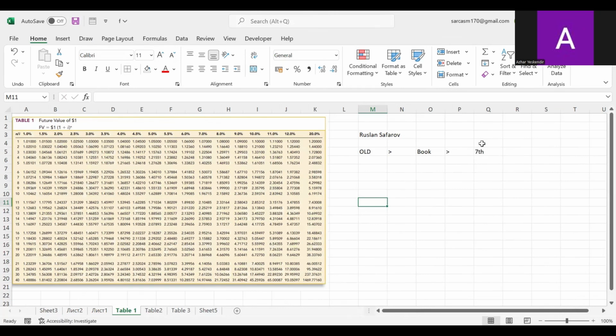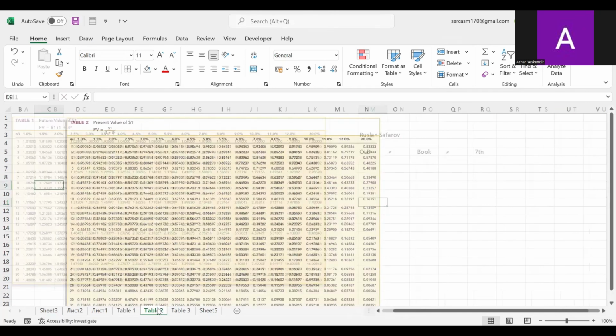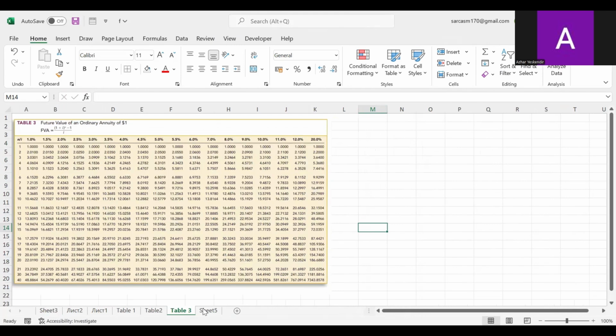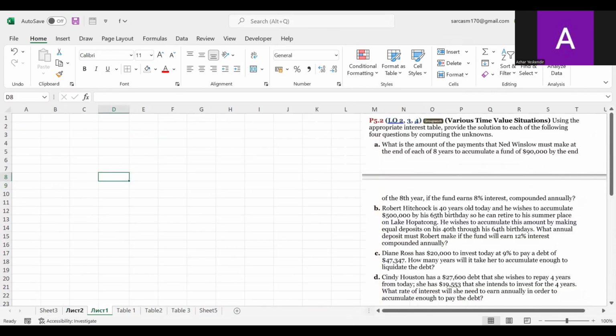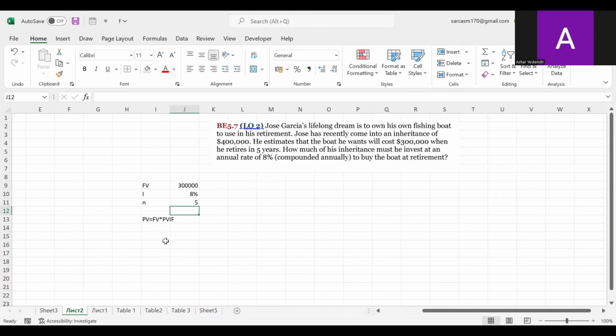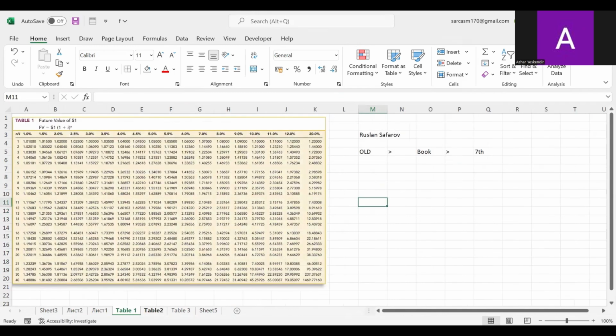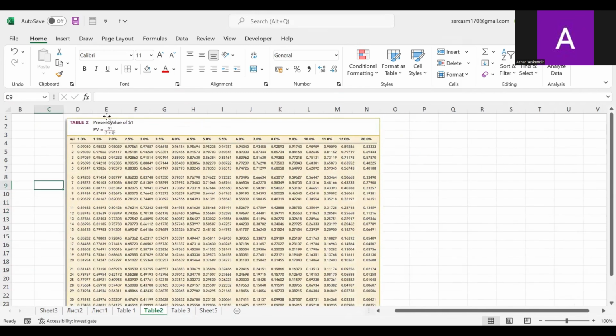At the end of this book, you'll find numerous tables like this, from which we will find our present value interest factor and future value interest factor. We need to find present value, so we're going to use the second table, which is present value of $1.